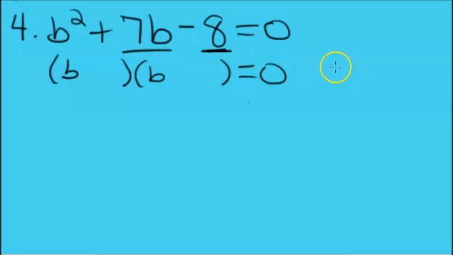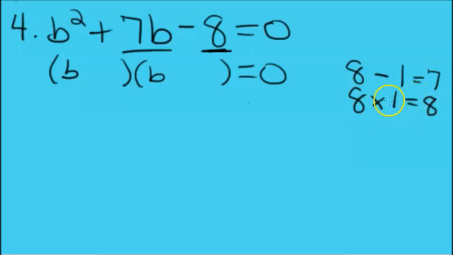Okay, so let's start with 8 and 1. Alright, so 8 minus 1 is going to be 7, and 8 times 1 is going to be 8. So that could work. We might can make that work with the signs. Okay, so we have 8 and 1.